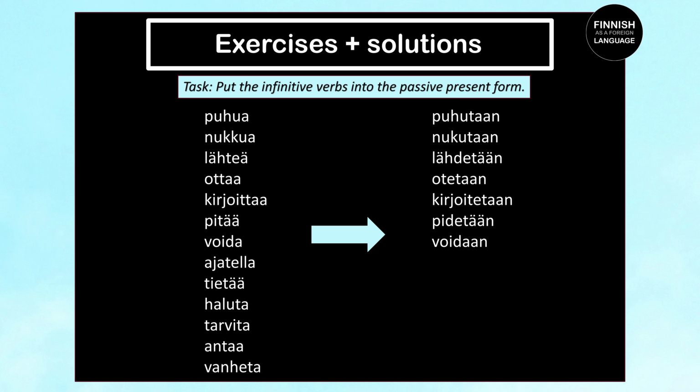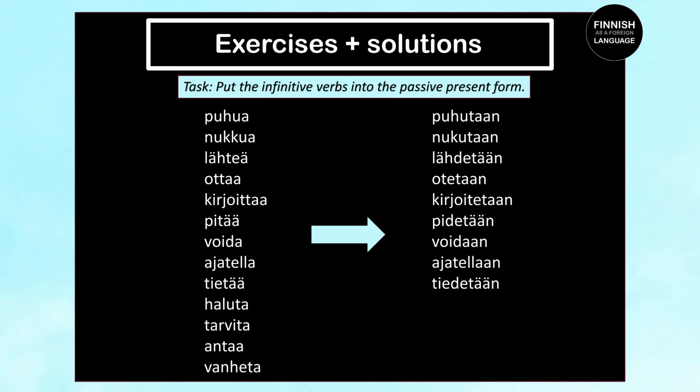Voidaan. Next one, ajatella means to think. The passive present is... very good. It's ajatellaan. Next one, tietää means to know. What is the passive present? Very nice. It's tiedetään. This is, by the way, again, verb type 1.